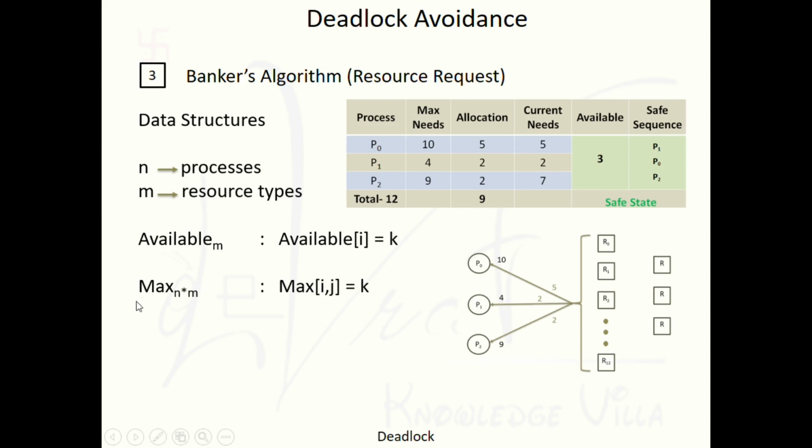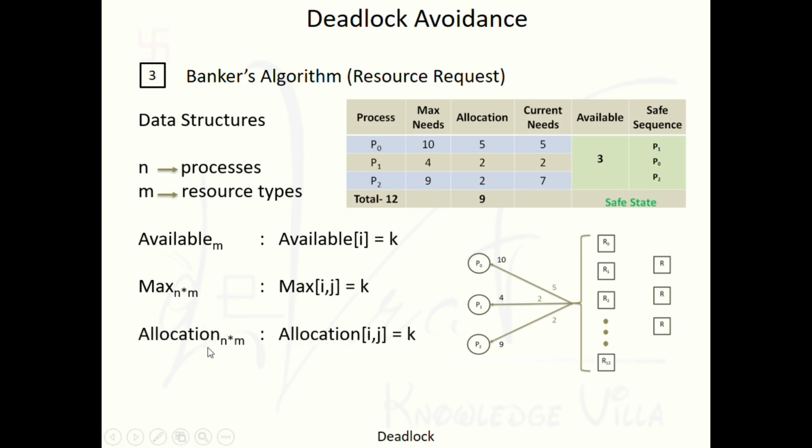So how many maximum resources are available? If you look here, total 12 resources were available at that time when we discussed the example of safe state, from R0 to R11. So the total maximum resources available at that time were 12. Now let's see next.